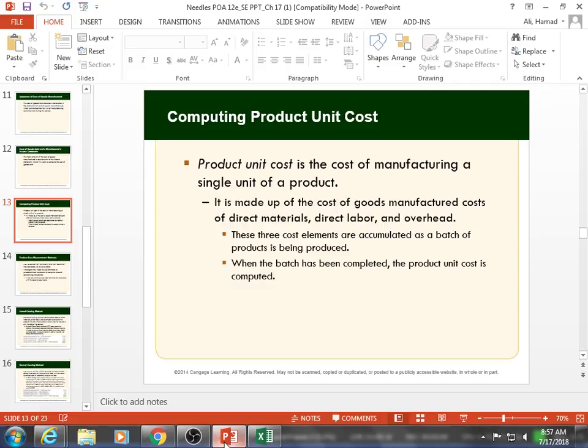Those are 3 things: direct materials cost, direct labor cost, and overhead cost. That equals your total manufacturing costs. Total manufacturing cost divided by number of units would give you cost per unit. Or you could divide each one of these separately and then add the results. Same thing.